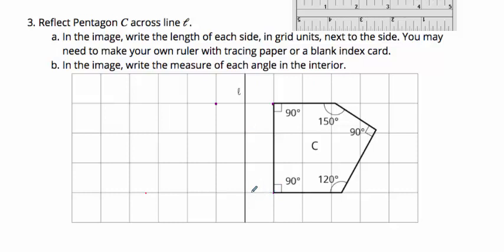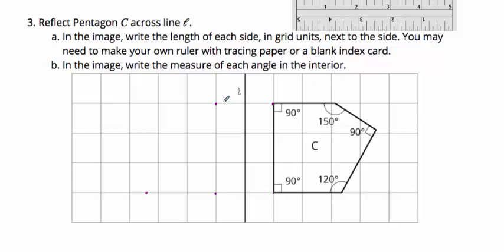So this point here is going to be here. This point right here is 1, 2, 3, and a little less than a half. So we're going to go 1, 2, 3, a little less than a half. And then this point here is 1, 2, 3, and just a little bit more than 3.